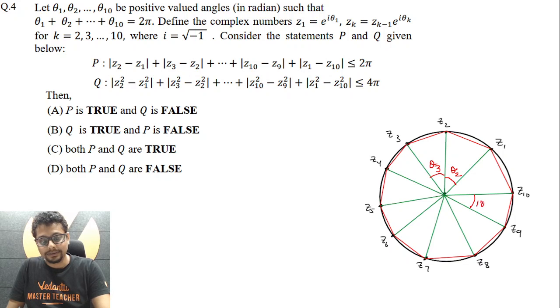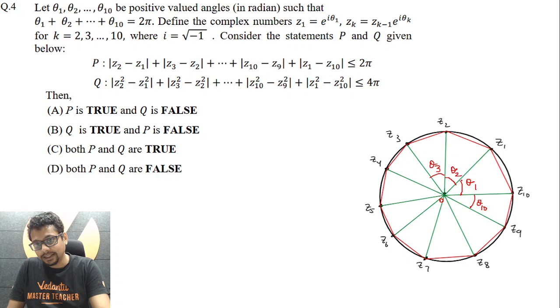And let's say this is O and point Z10. This lies on the real axis. So this is theta 1, the angle that OZ1 would have with the positive real axis.